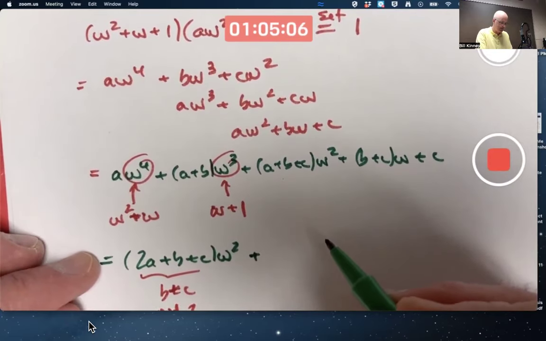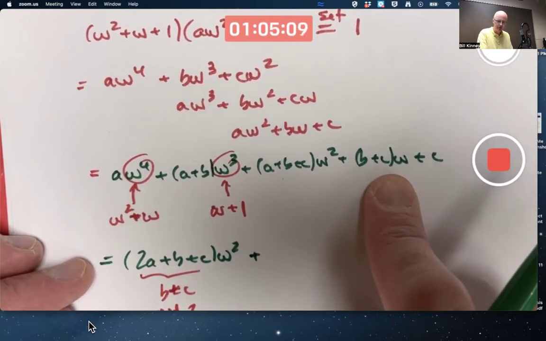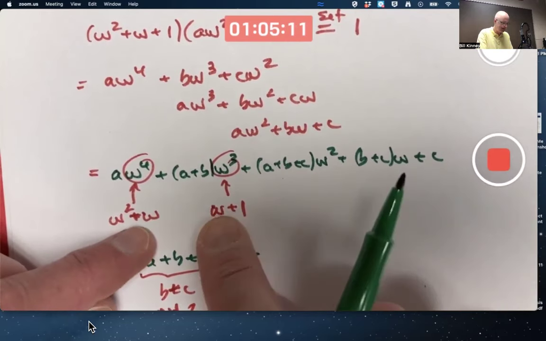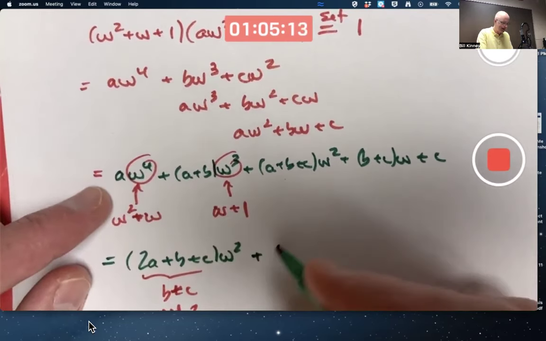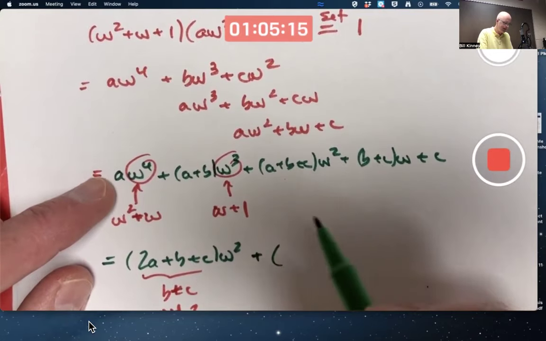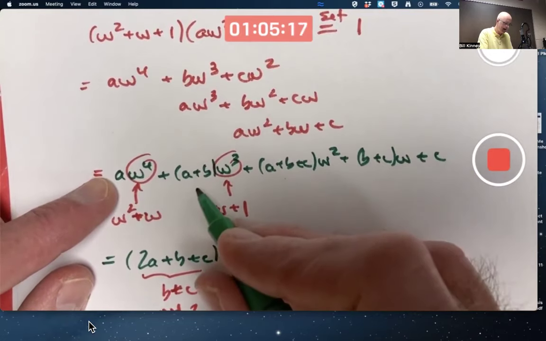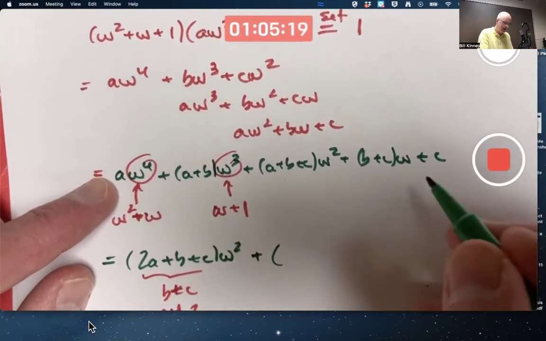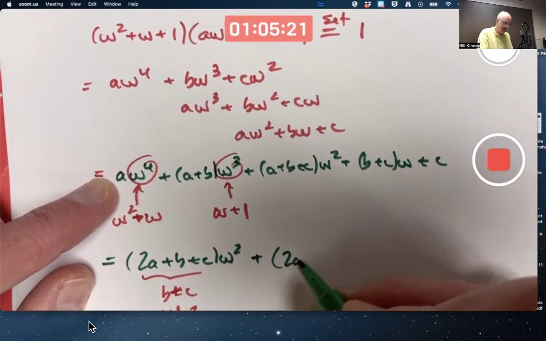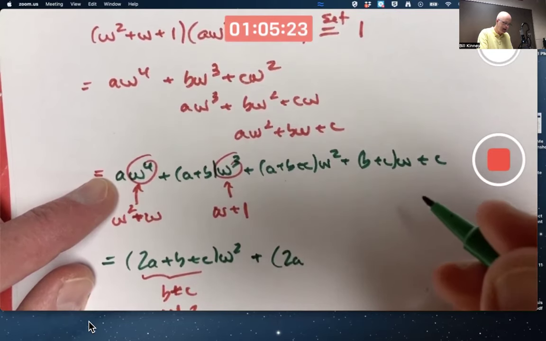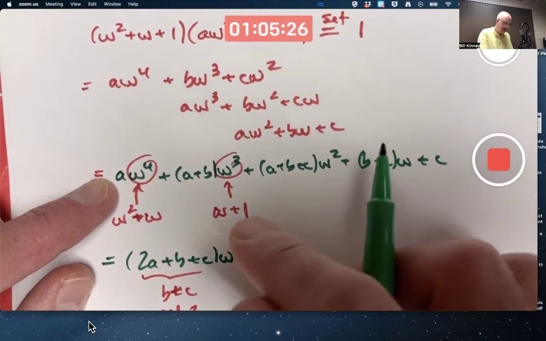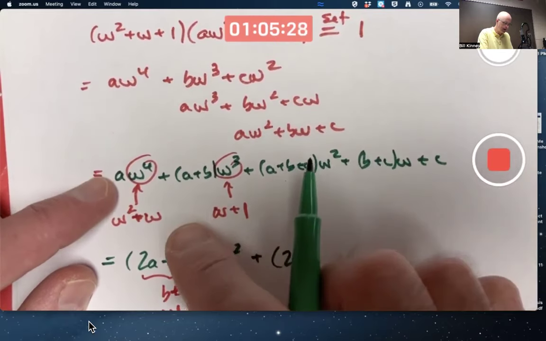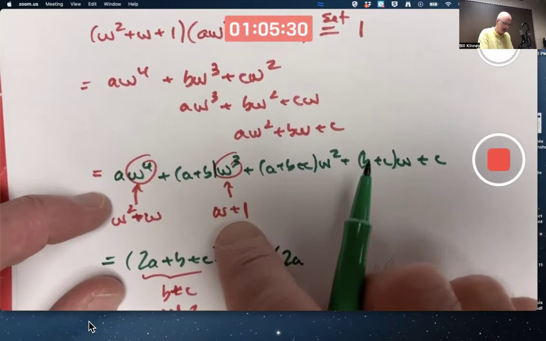How about the omega term? I've got an omega term there. I also have omega terms from both of these. If I combine them all, I've got an a there, another a there, no a there. I'd get a 2a. How about the b? Looking at what gets multiplied by omega, there's no b there. There is a b there times omega.